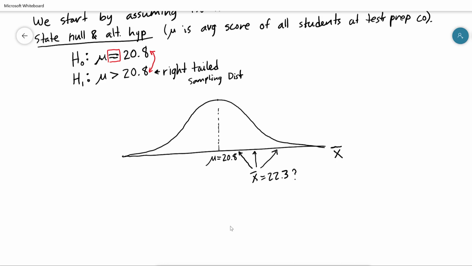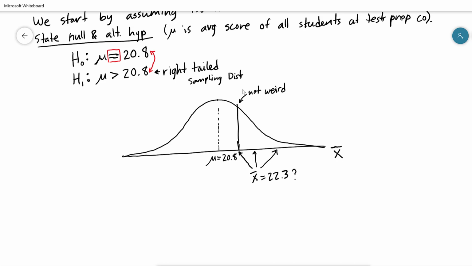If it falls over in this region, so if it falls here, if this is where that cutoff is, that's not a very weird result, right? It's pretty close to the result that I was expecting, 20.8.